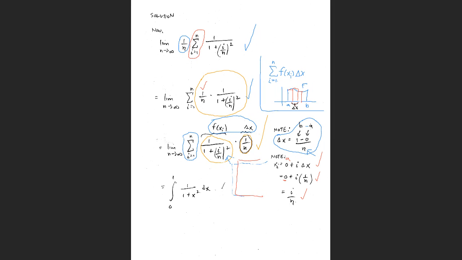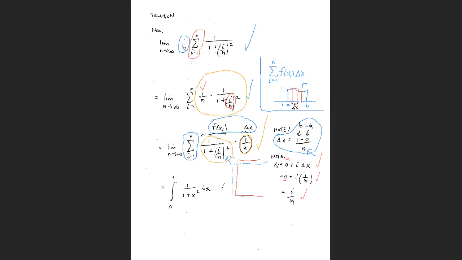What I'm trying to do is justify this i over n right here. It comes from x sub i, which is equal to i divided by n.